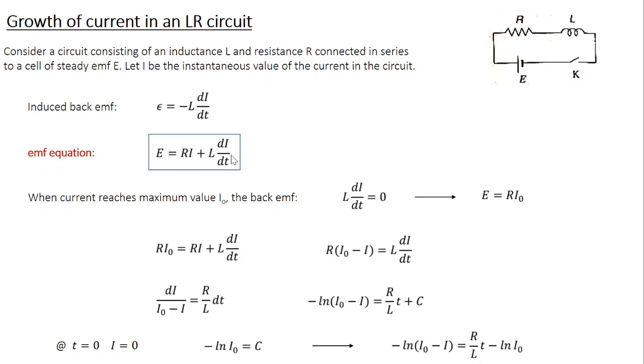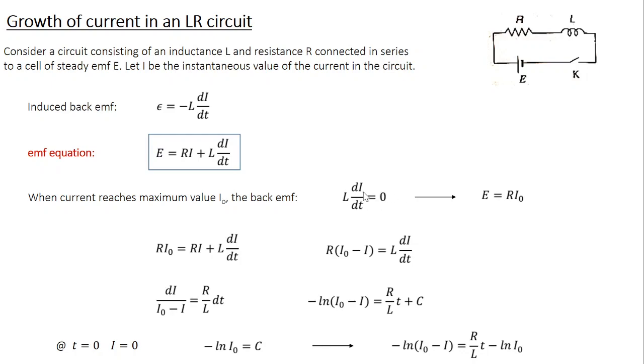So let's get into the business of solving this equation. Initially there is no current, and when the circuit is closed, current starts flowing. Slowly you have to work against the back EMF, overcome it, then you reach the maximum value I naught. At the maximum value there is no further change in the current, so di by dt is going to be 0.